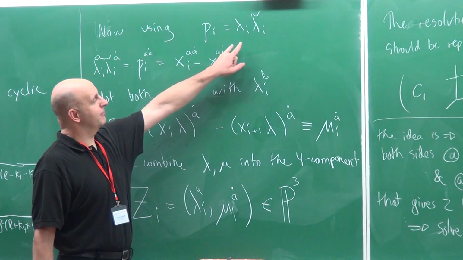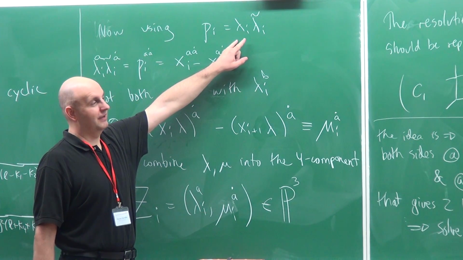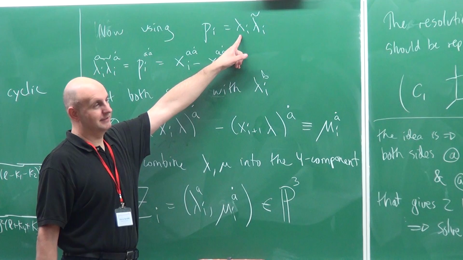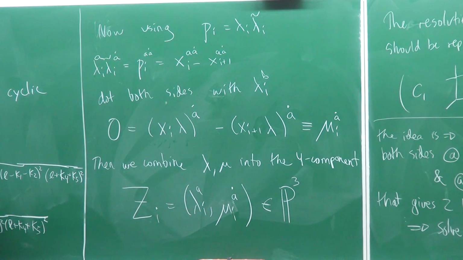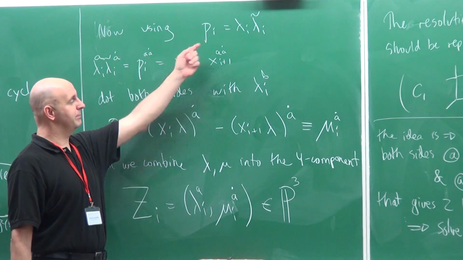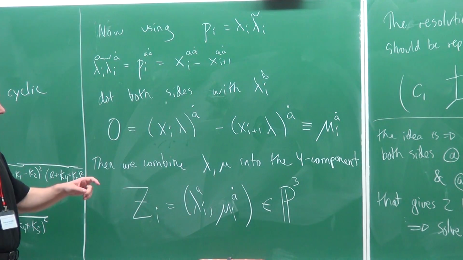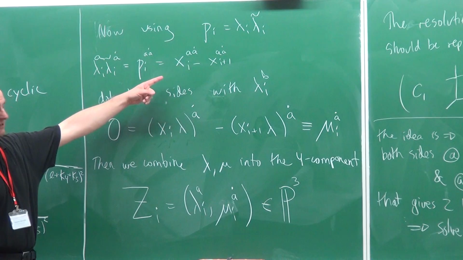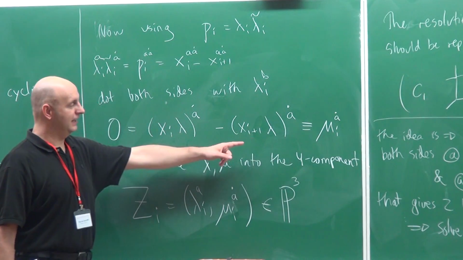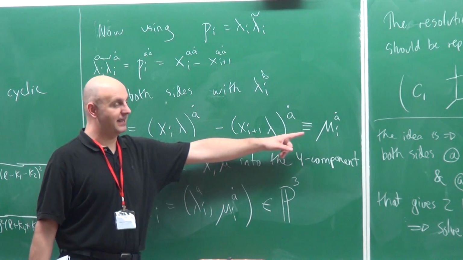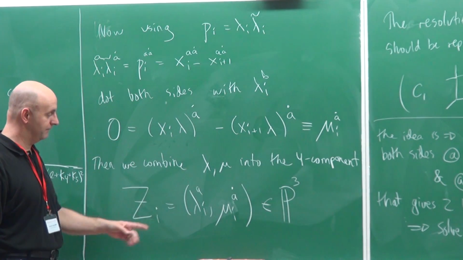Remember, if you go back to the spinor-helicity variables, it's clear that if you scale lambda and lambda tilde by inverse non-zero complex numbers, then you leave your p unchanged. And you naturally leave the x's unchanged as well. But from this equation, it's clear that under such a scaling, lambda and mu transform in the same way.